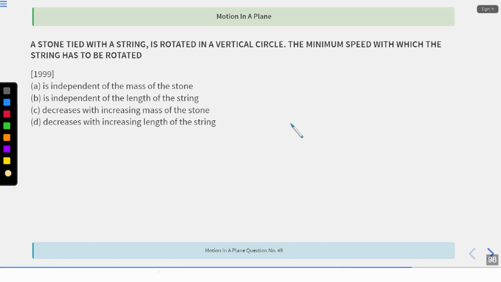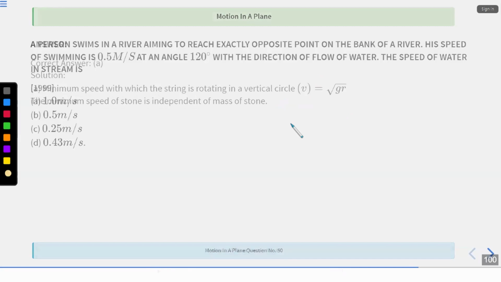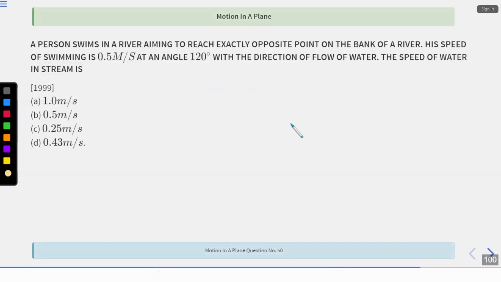So here we know that the minimum speed with which the string is rotating in a vertical circle would be V equal to root of gR. Okay. So therefore, we have no mass quantity over here. So therefore, it is independent of the mass of the stone. Right? Okay. Moving on to the next question.